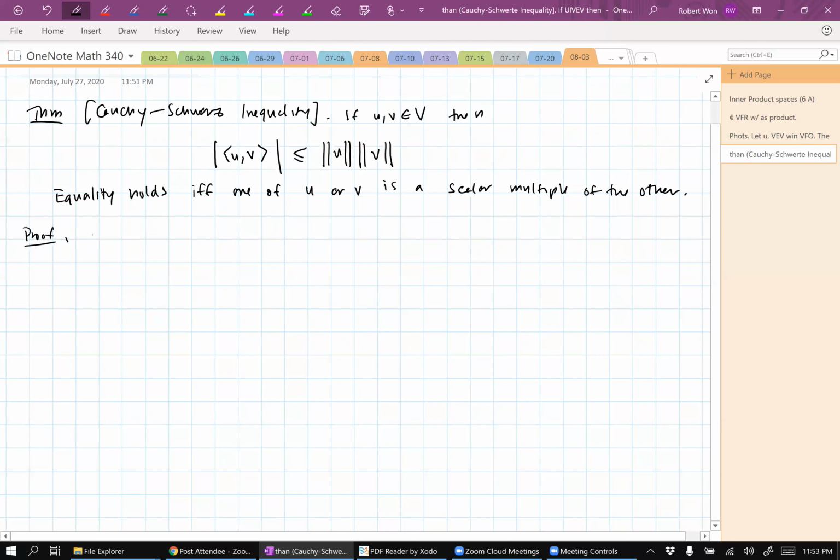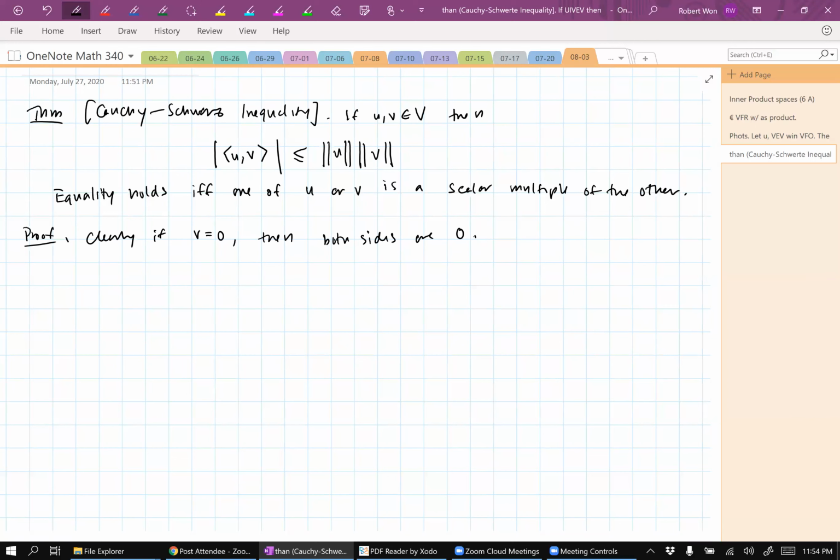But the proof is actually not so bad. So clearly, if v equals 0, then both sides are 0. The length of v is 0, and also when you take the inner product, you get 0.